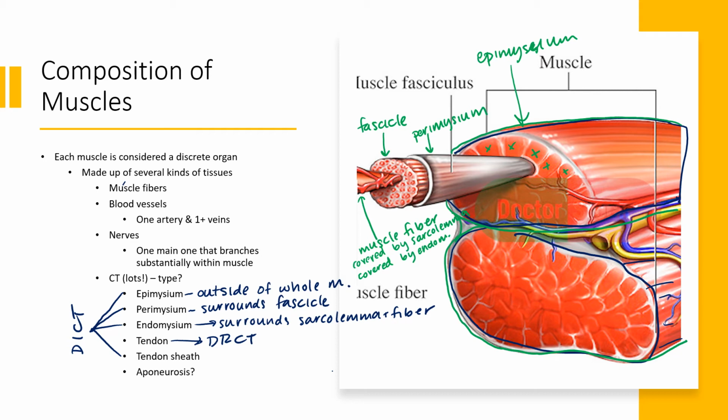All of them will then eventually, once they get to the outside, merge to become the perimysium, which is thicker than endomysium. And then all of those perimysia will merge and on the outside of the muscle become epimysium, and that's the thickest.